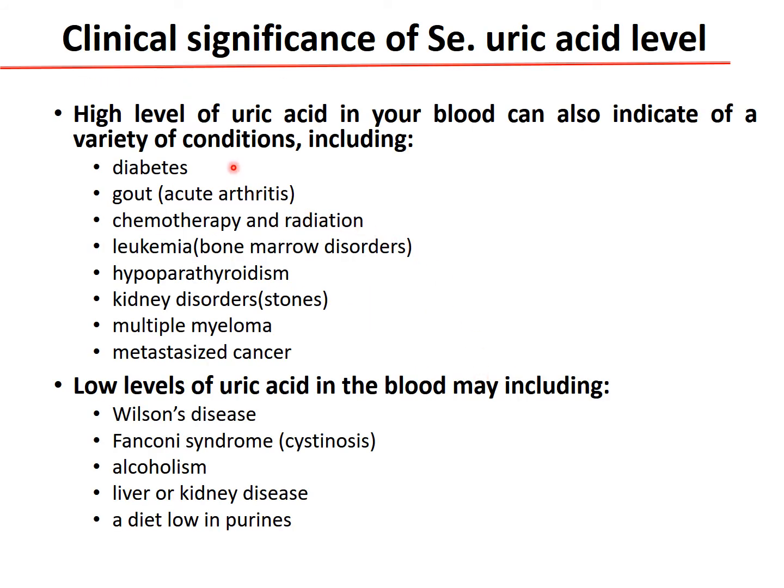The use of serum uric acid: if you have a high concentration of uric acid in the blood, it can indicate a lot of situations such as diabetes, gout, acute arthritis, chemotherapy, radiation, leukemia, hypoparathyroidism, kidney disorders such as stone, multiple myeloma, or metastatic cancer. Low levels can be obtained in Wilson disease, Fanconi syndrome, in an alcoholic patient, liver or kidney diseases, and very low purine diets.